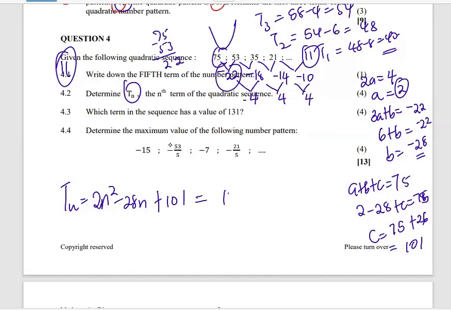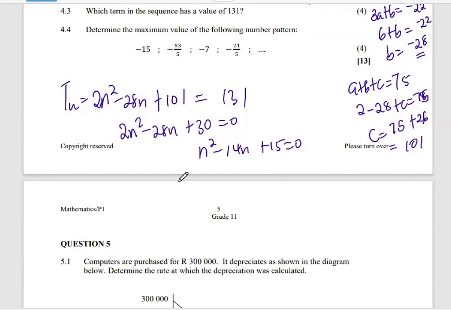So I'm going to equate this to 131, move it to that side, and I'm going to end up with 30. So 2n squared minus 28n plus 30 is 0. Divide through by 2: n squared minus 14n plus 15 is 0. And then factor this out: n minus 15, n minus 1. Does that make sense? There needs to be a positive somewhere, but this is a negative.